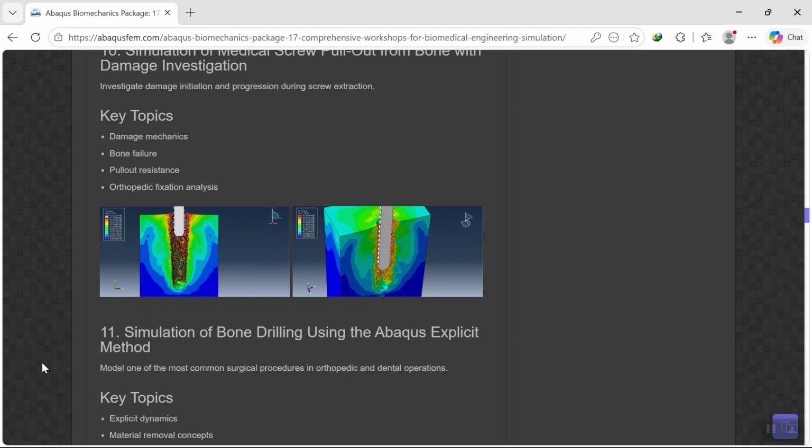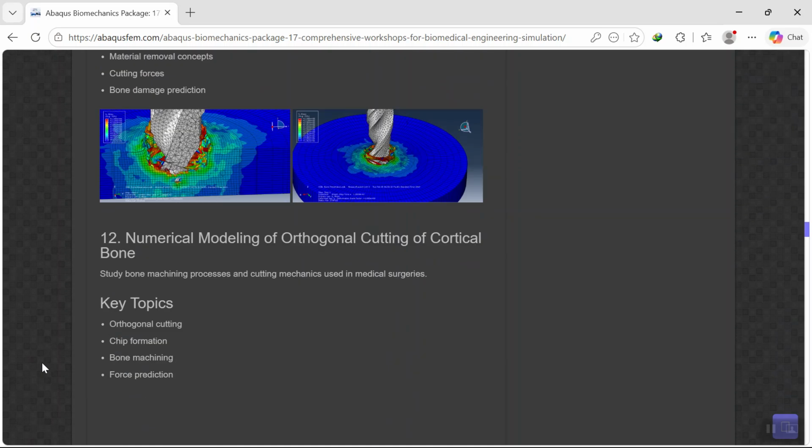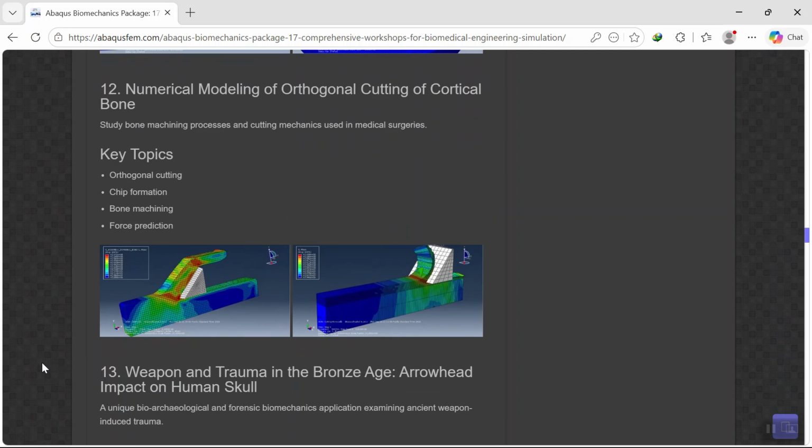Additionally, the package includes bone drilling and cortical bone cutting simulation. Here you can see this too.